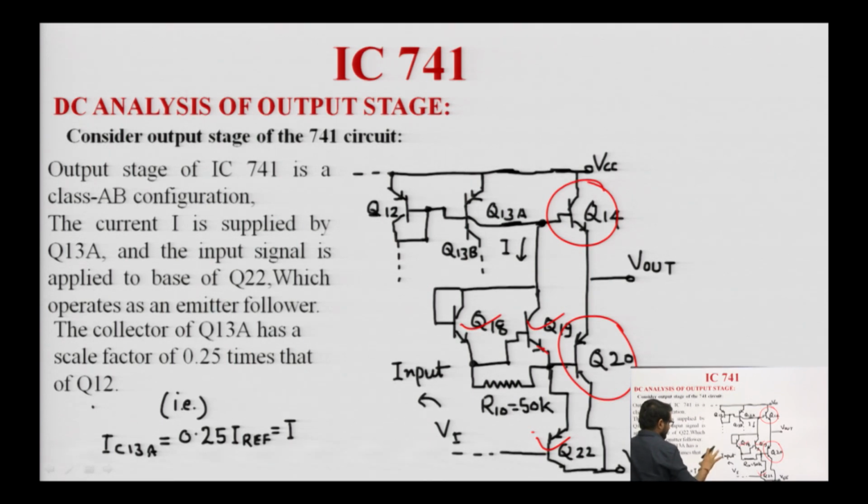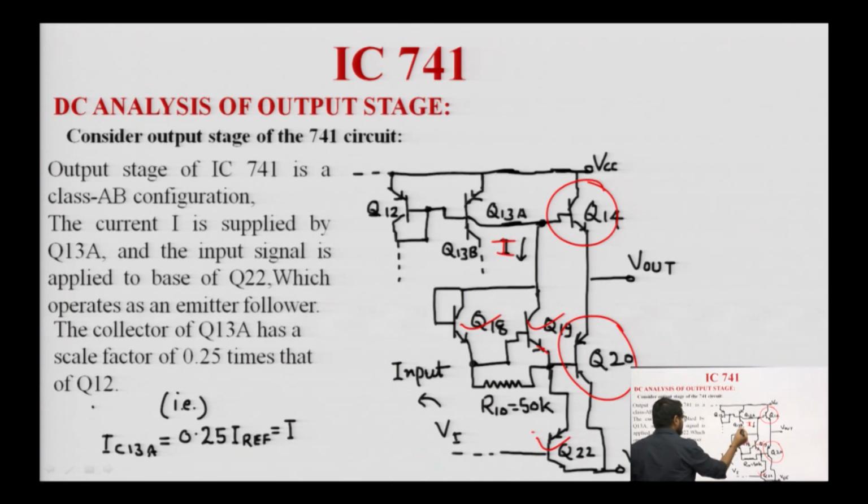And if we stabilize the Q point, the output of the operational amplifier will have a high voltage swing. Okay. So what is the bias current? We get the bias current for the output stage.